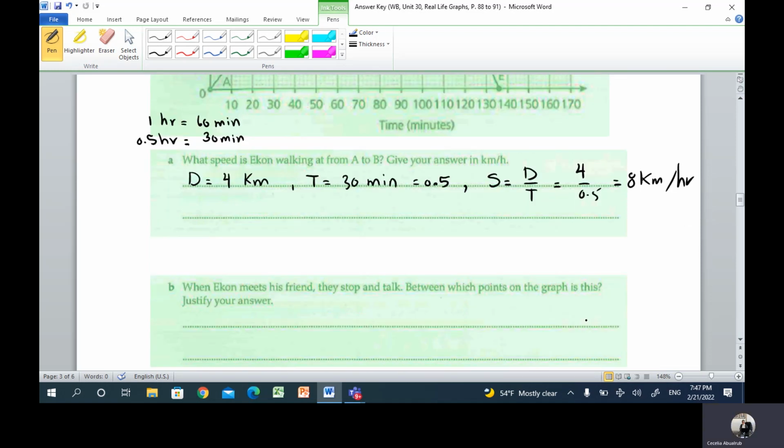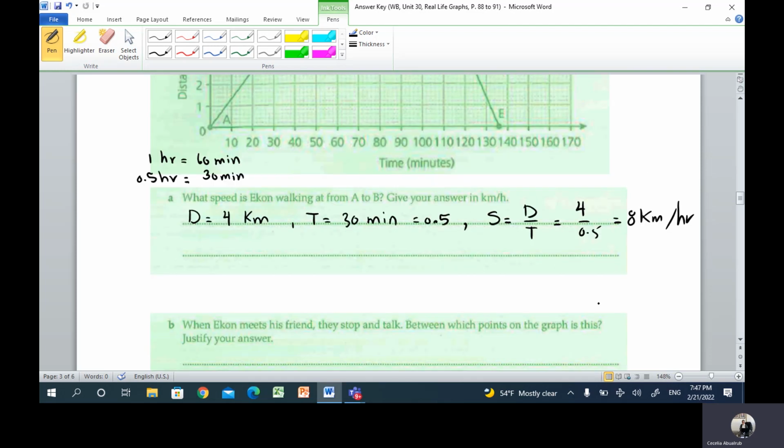B. When Econ meets his friend, they stop and talk. Between which 2 points do they stop and talk?